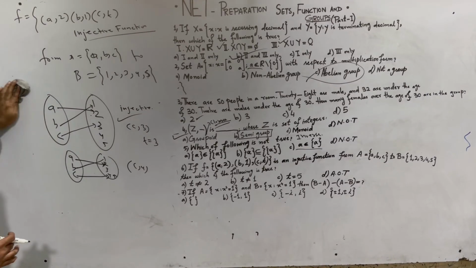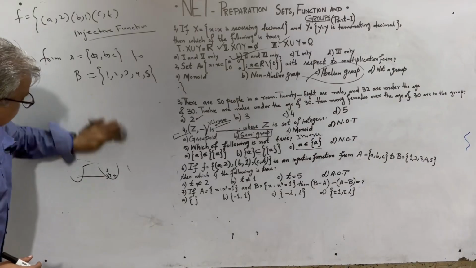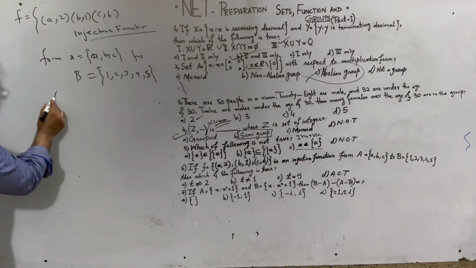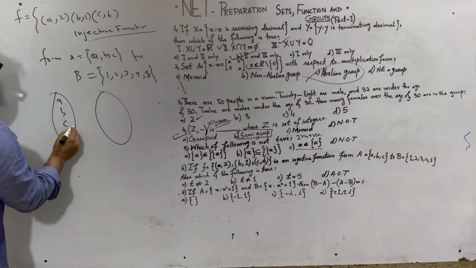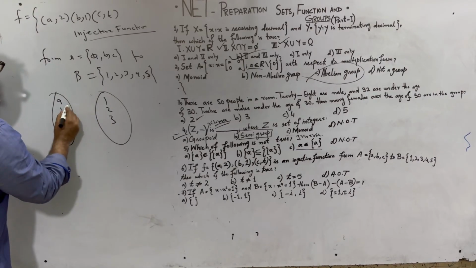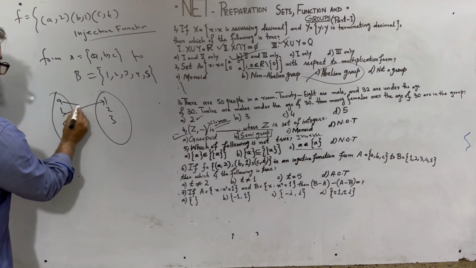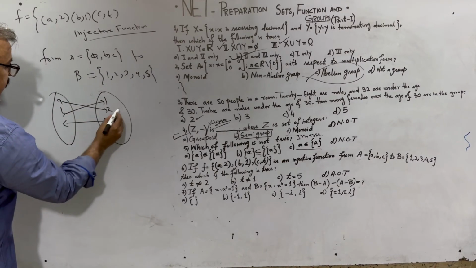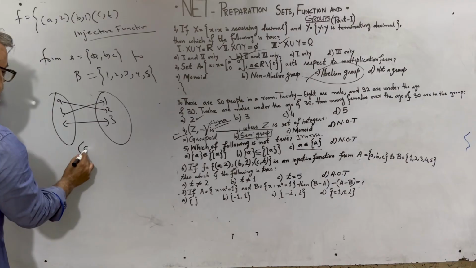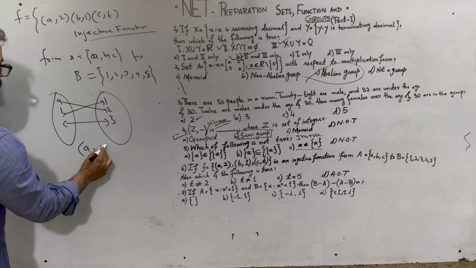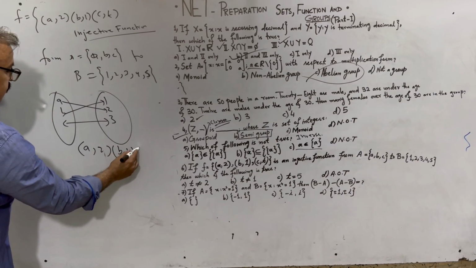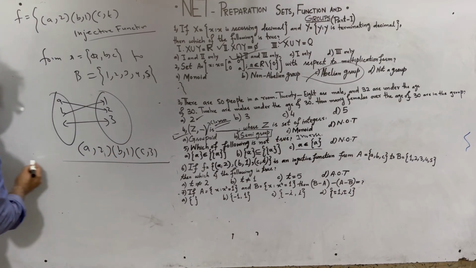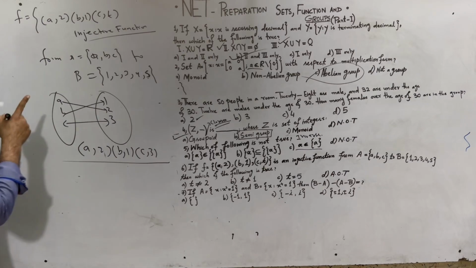Let me clarify the situation further. Possibility number one: A, B, C and 1, 2, I am taking 3. A to 2, B to 1, C to 3. Look at this. Different elements have different images. There's no repetition. It's an injective function.